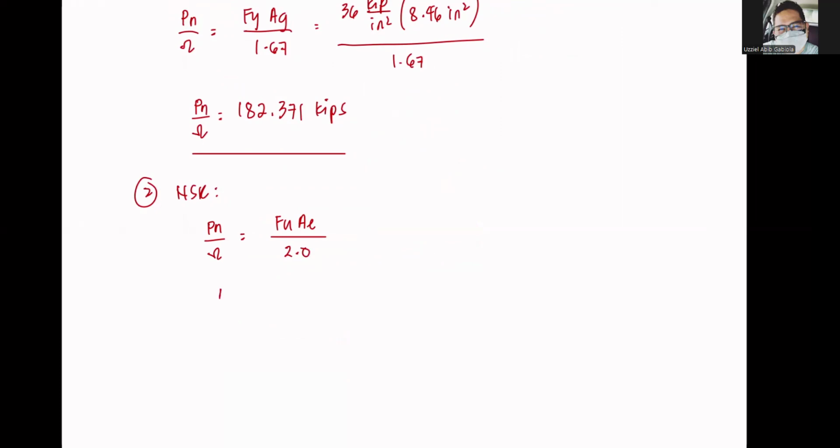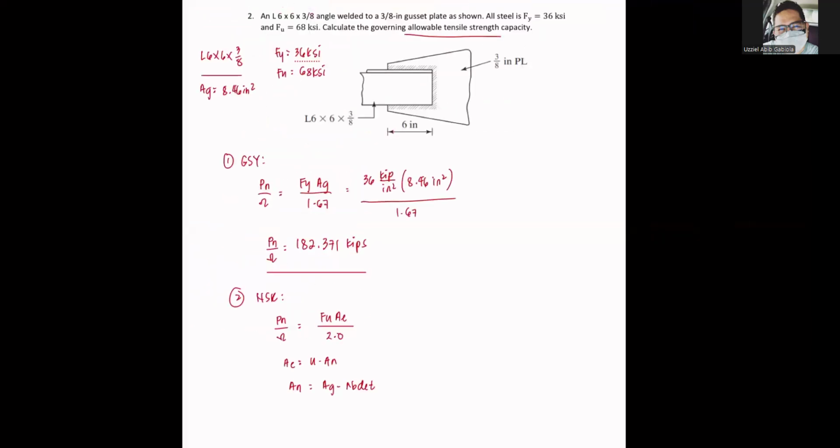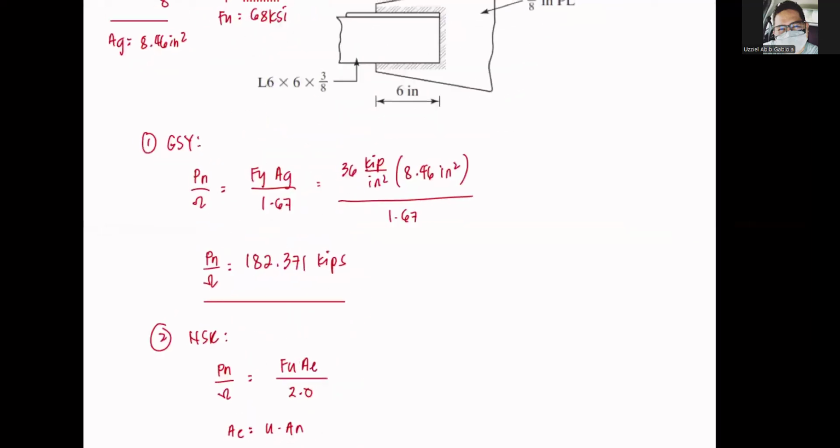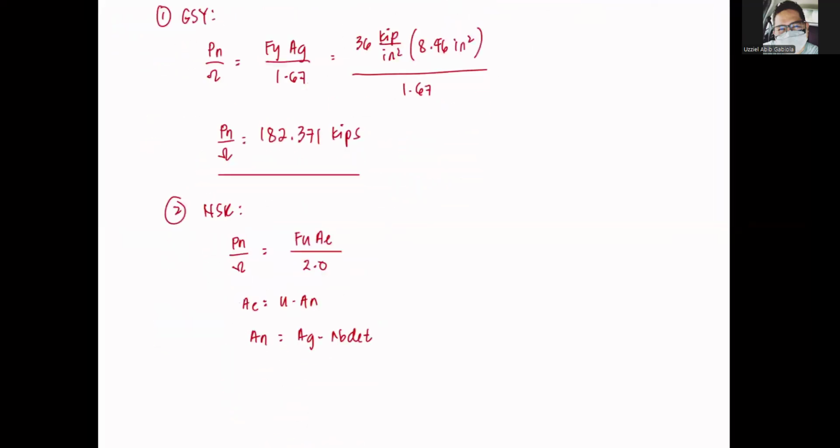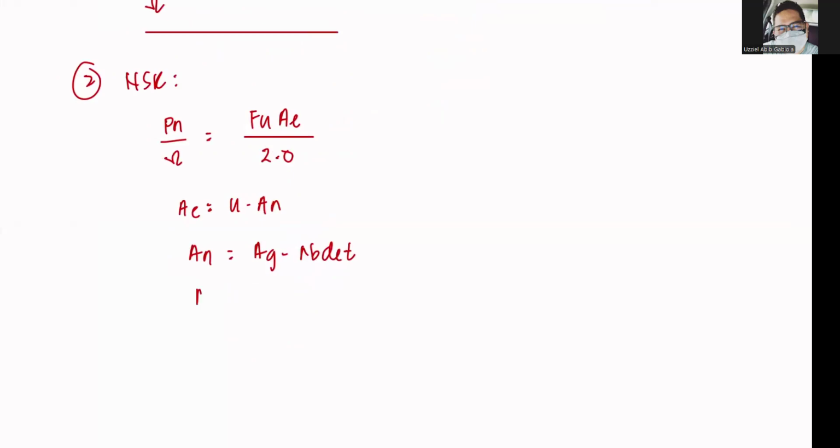Okay, so we don't have Ae yet, which is equal to U times An, and An is equal to Ag minus Nb times d_ET. However, since our connection is a welded connection, you don't need to punch holes for bolts. So our An is equal to Ag. So we don't need this one.